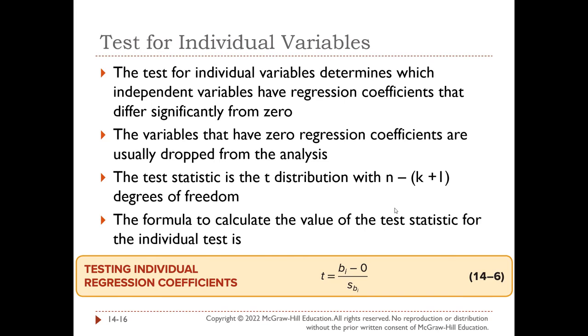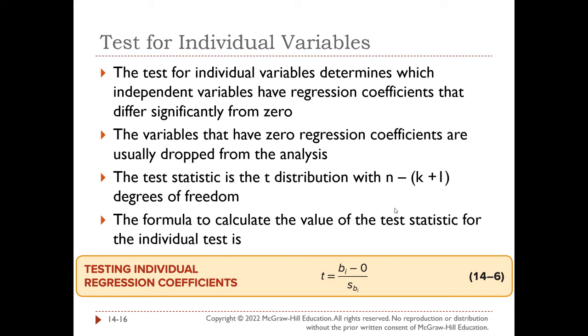So the test for individual variables determines which independent variable has regression coefficients that differ significantly from 0. The variables that have 0 regression coefficients are usually dropped from the analysis. The test statistic is the t distribution with n minus k plus 1 degrees of freedom.